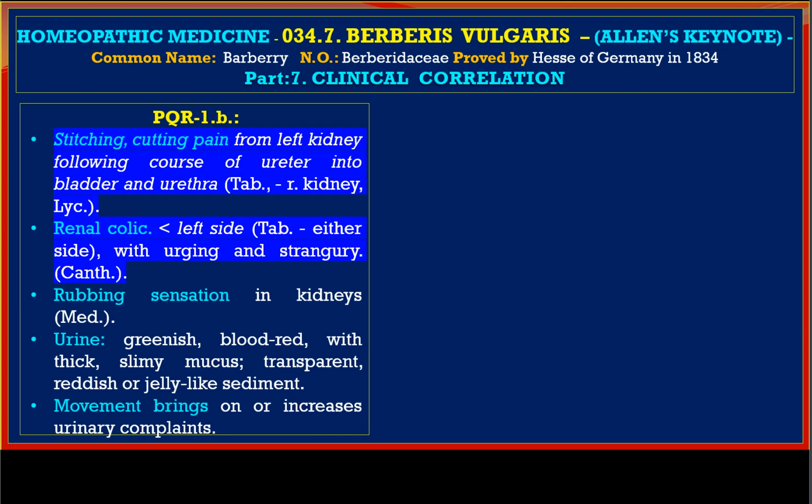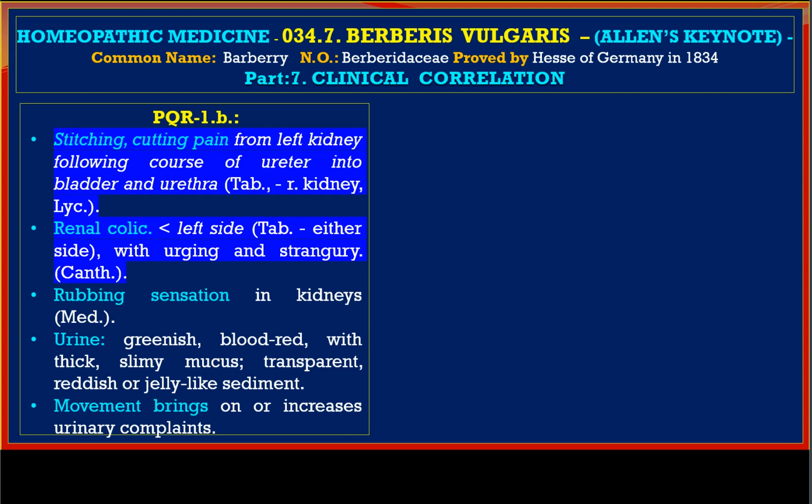Rubbing sensation in the kidney is given here in comparison with Medorrhinum, but unfortunately I was not able to locate this particular symptom in the source book of Allen's Keynotes. The source book is Hering's Guiding Symptoms of Our Materia Medica.